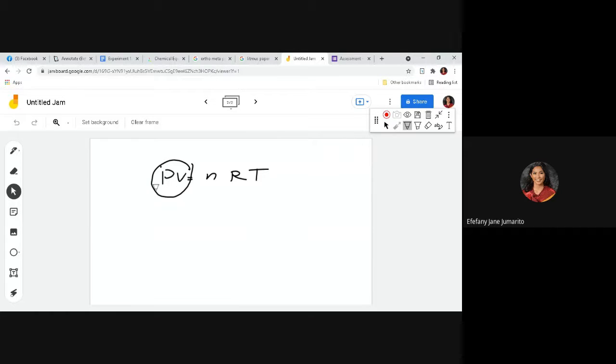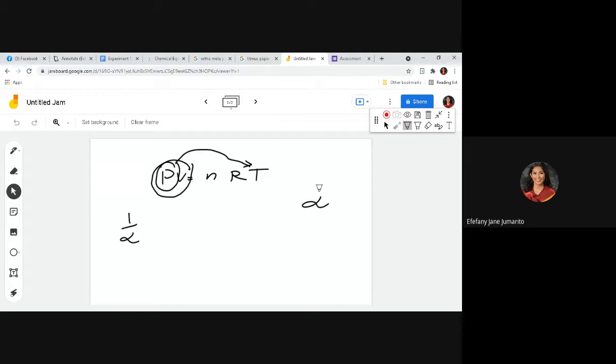proportional. Now, if you compare P and then you compare it to T, what is the relationship between P and T? They are not beside each other, class, they are far apart. Directly proportional. Okay.